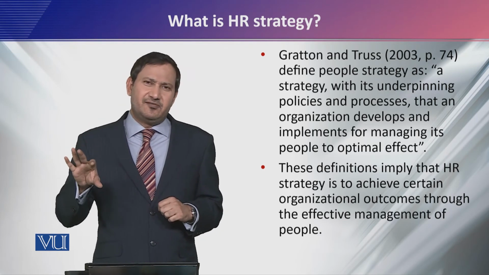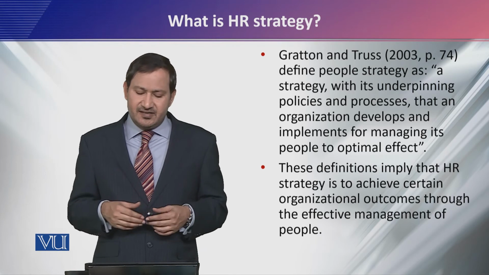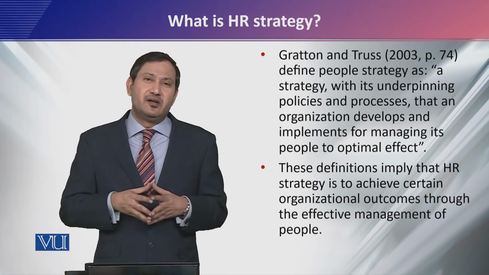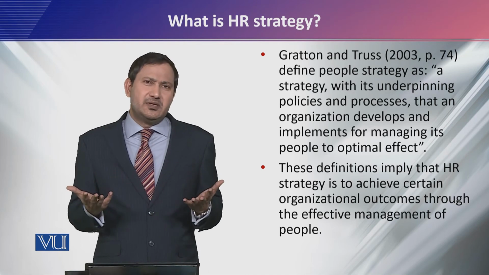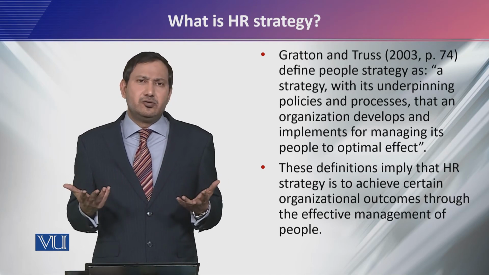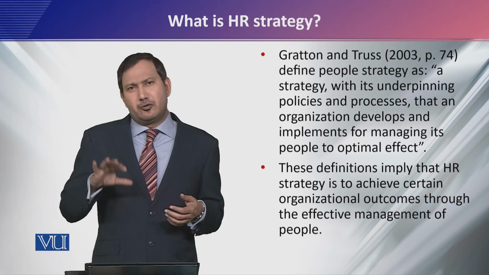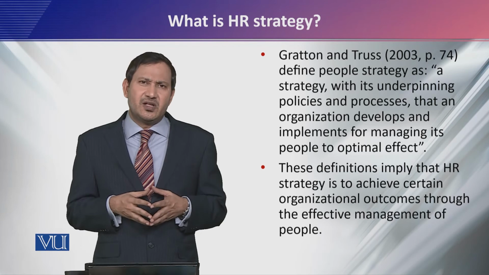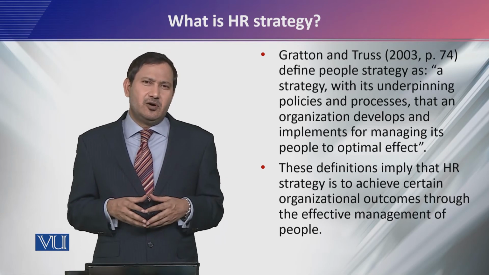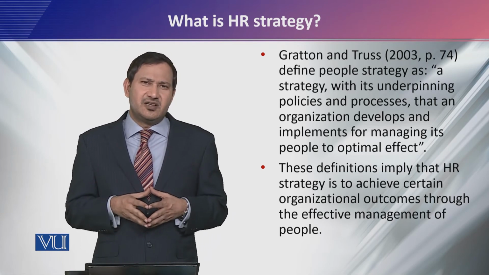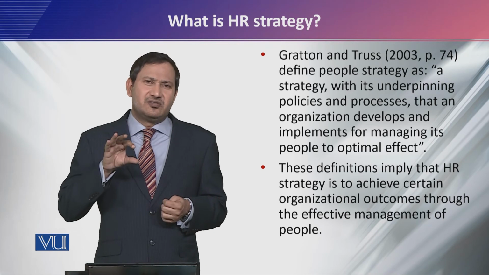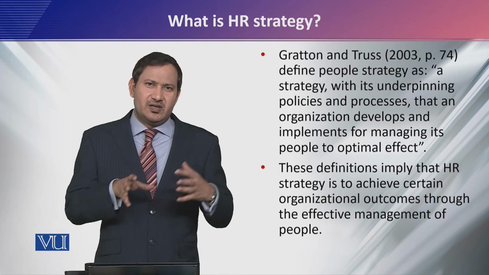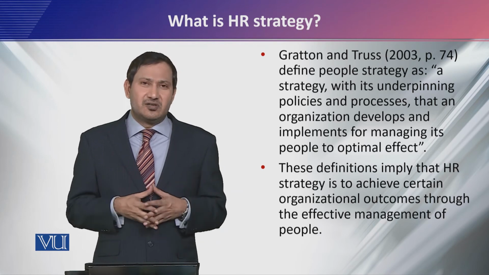In the first definition we say labor management, and in this definition we say managing people to optimal effect. So people management in general is the term used. However, when we talk about personnel management, we are particularly referring to employees: how an organization manages its people to achieve the outcomes of the organization.